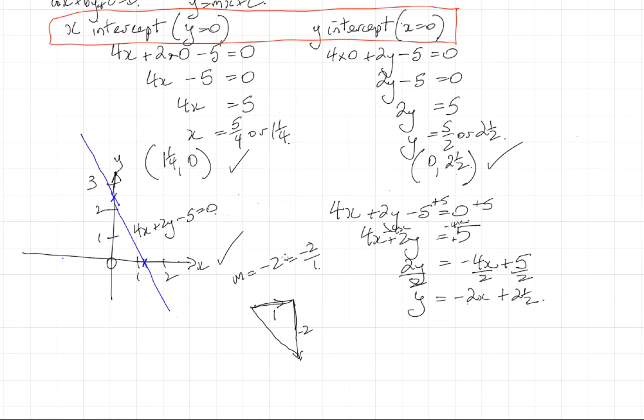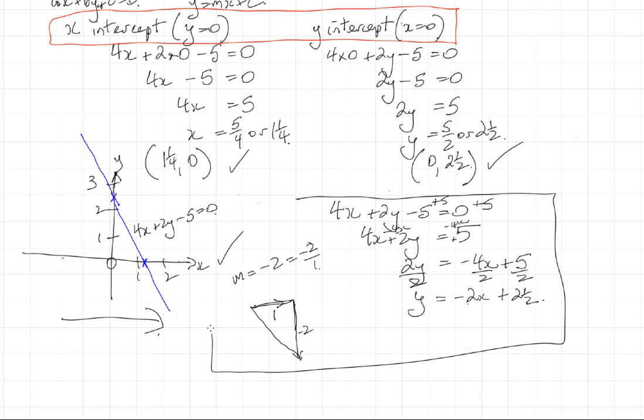So you can see that anything that has a negative gradient, as you go from left to right across the graph, it is going to drop down. So that's what a negative gradient means. It drops as you work from left to right. This here was not asked for in the question, but it still just reinforces that this is the gradient intercept form.